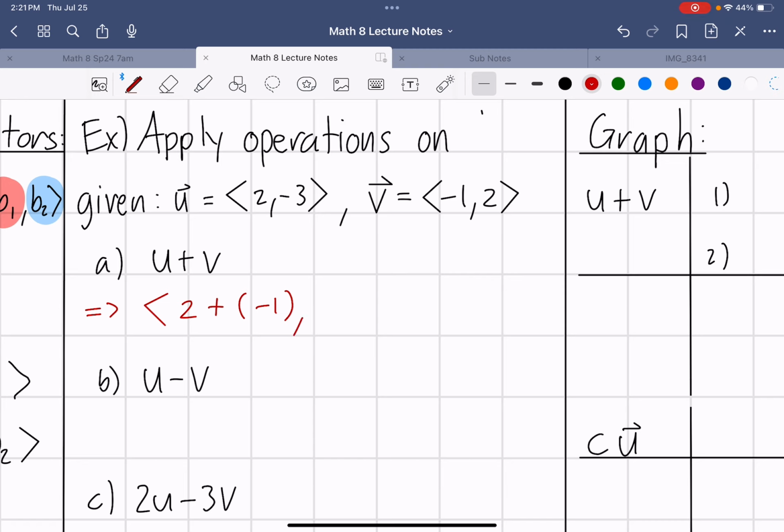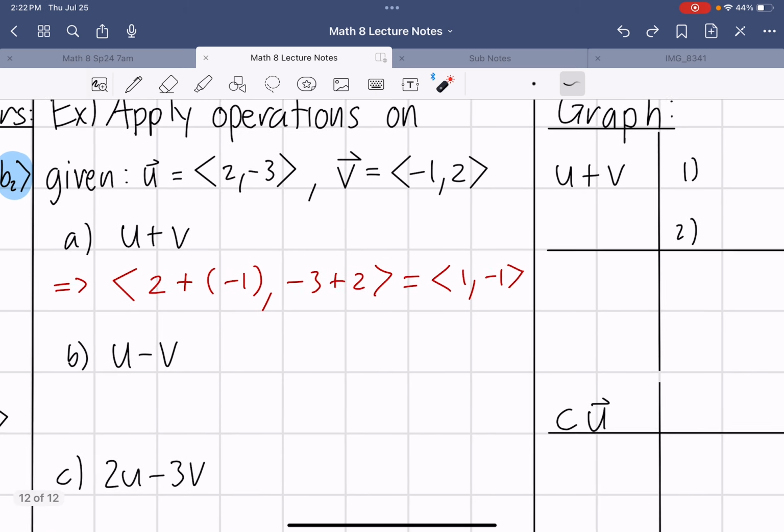And then we have negative 3 with v, so plus 2. And that leaves us with, so the sum of two vectors leaves us with a new vector 1 comma negative 1. Now just like for the components, right, when we're looking at 2 points, you want to do terminal minus initial. Here you want to add in the order that's given.